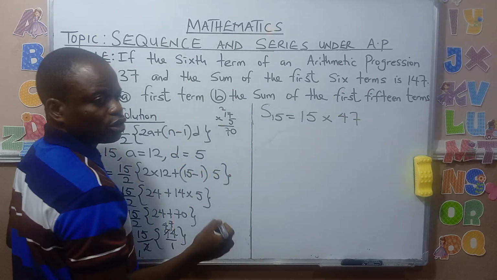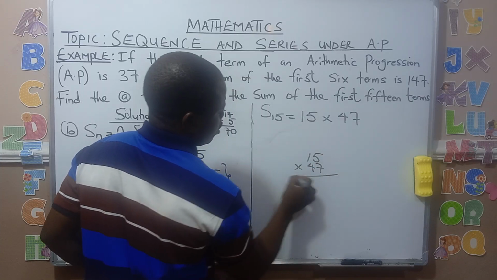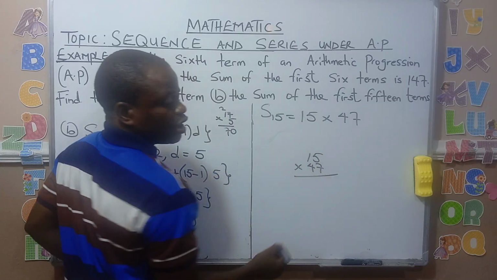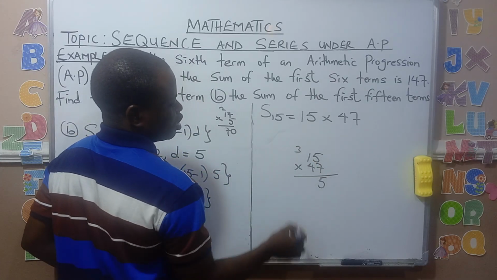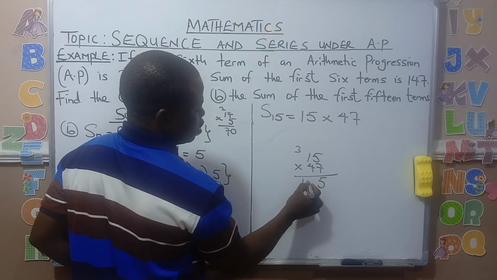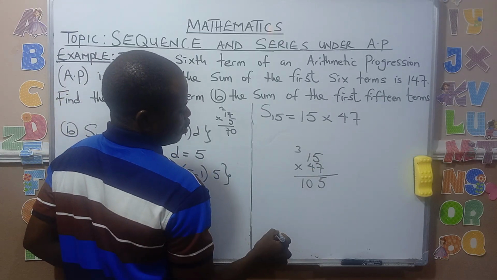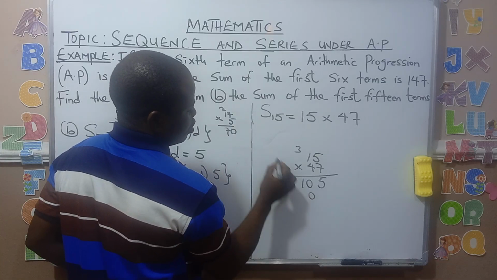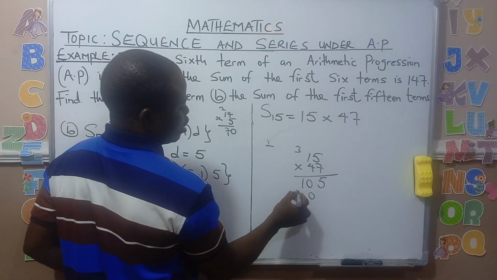Let's carry out the multiplication. 15 times 47. 7 times 5, that is 35. Put 5 down, carry 3. 7 times 1, 7 plus 3, that is 10. 4 times 5, that is 20. 0, carry 2. 4 times 1, 4 plus 2, that's 6.